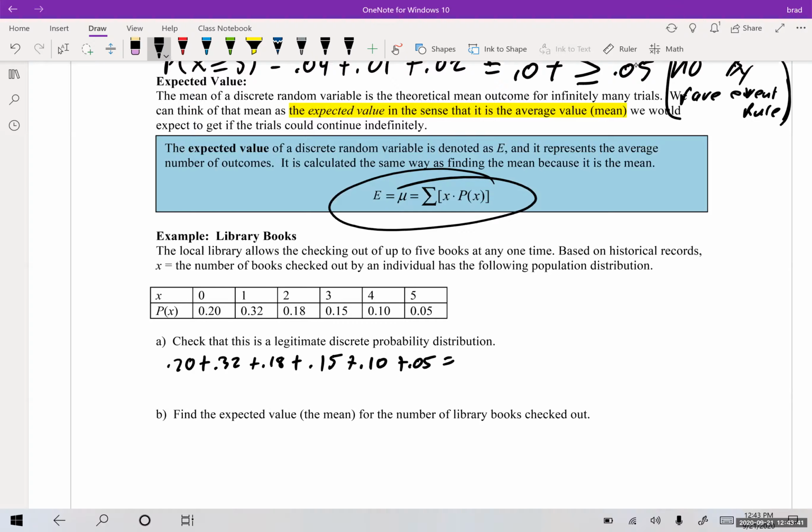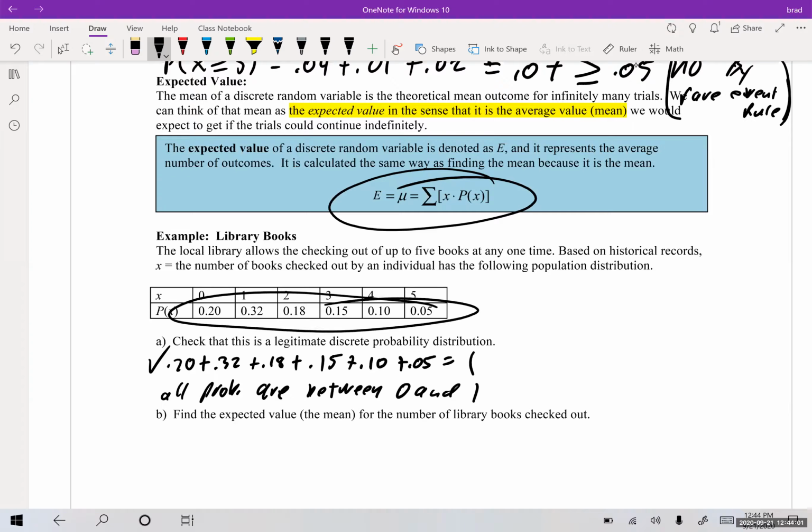Let me see, 0.52, 0.7, 0.95, yeah, so this adds up to 1, so check. All the probabilities right here are between 0 and 1, so it's okay, so check.